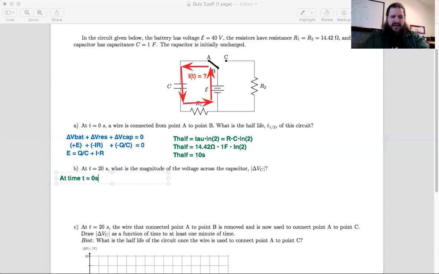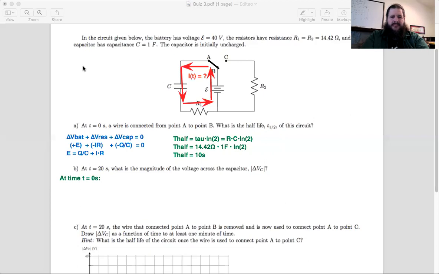How much charge do we have on the capacitor at time 0? Are we looking at delta V C? The voltage or the amount of charge. What did it tell us about the capacitor's state at the very beginning?